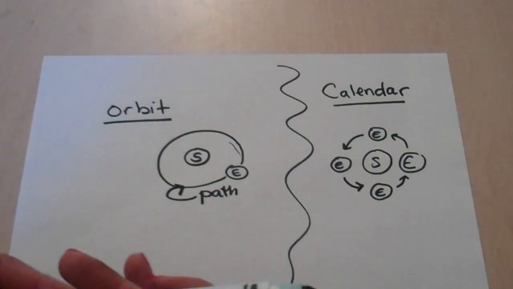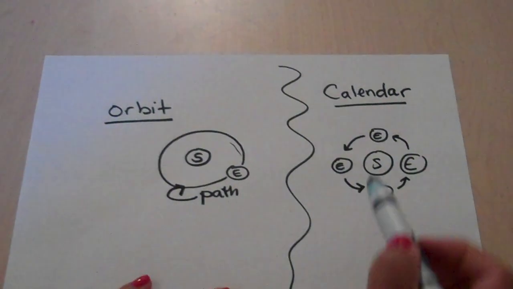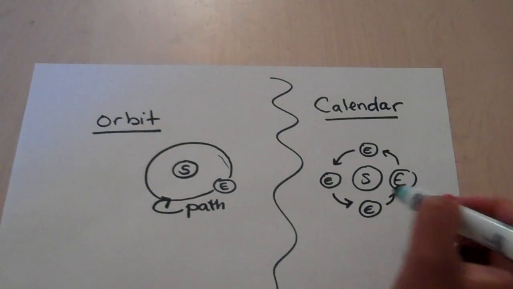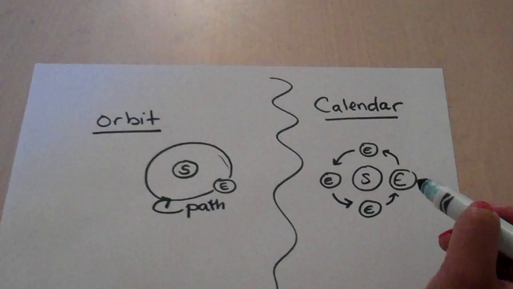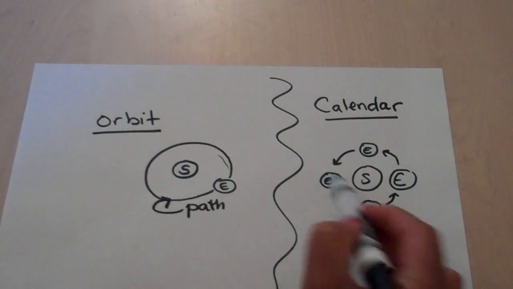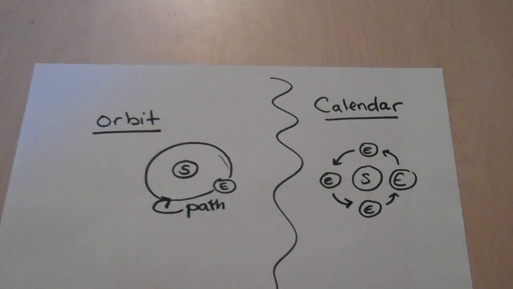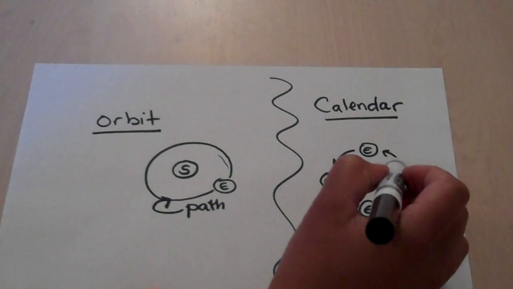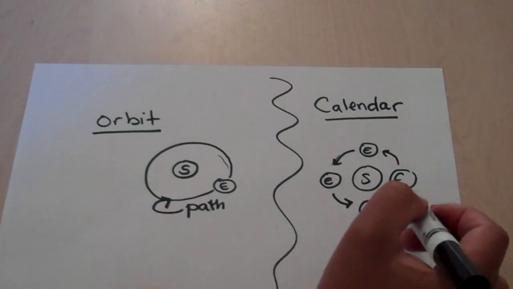With all that said, we can use that to help us define calendar. A calendar is a system of organizing time that defines the beginning, length, and divisions of a year. The reason I have 4 here is because we'll talk about seasons, but we can also draw Earth continuing around.